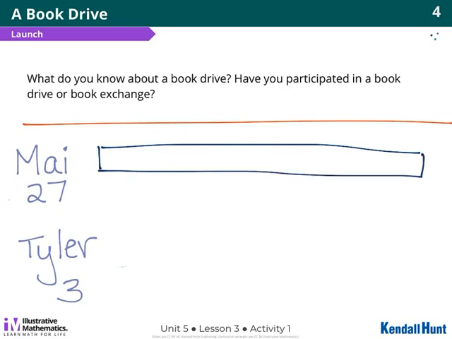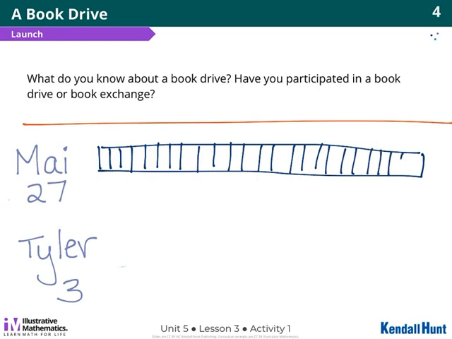So if I was going to draw a diagram like they said, I would draw 27 cubes, right? 1, 2, 3, 4, 5, 6, 7, 8, 9, 10. I think I need 2 more. Okay, I draw 27 cubes. And then Tyler, I would just draw his 3, right?